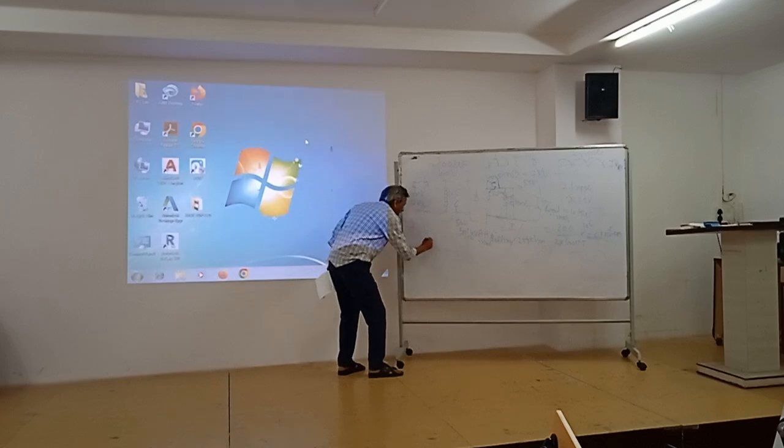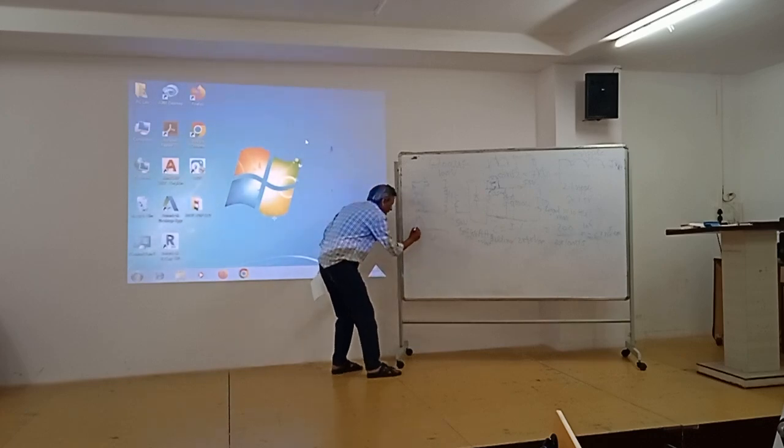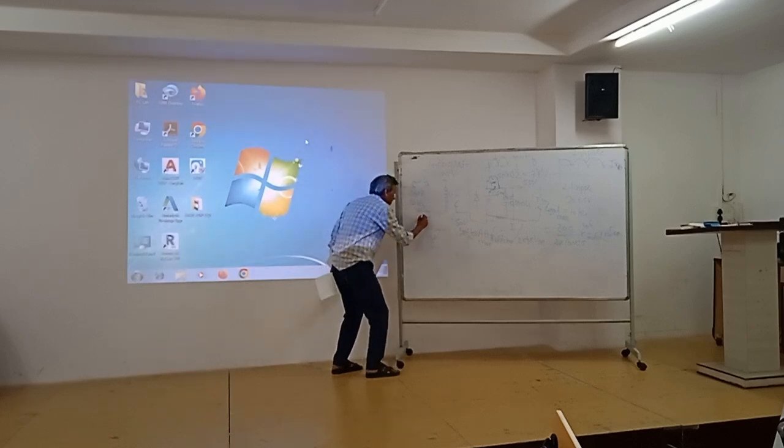Supply side means pure sine, supply sine wave. My current will be something like this. This is my I, this is my V in.